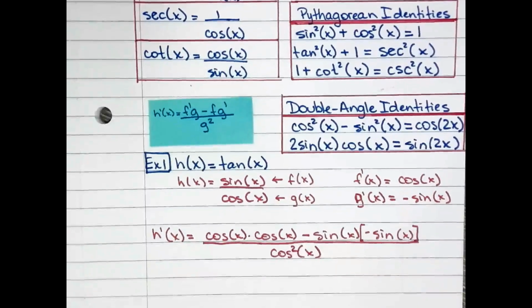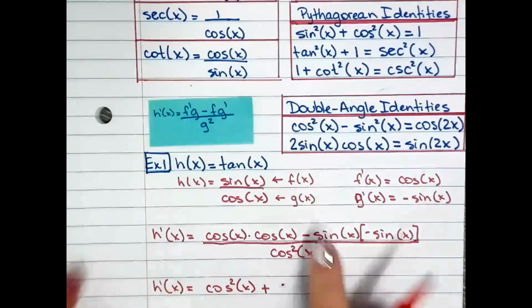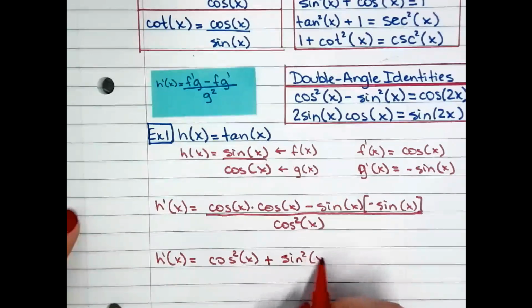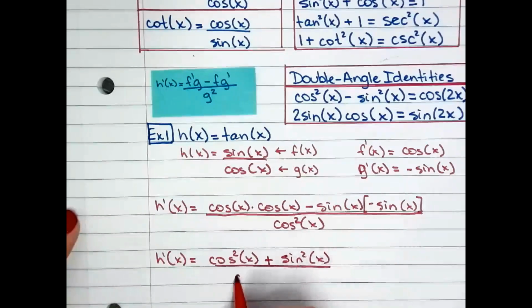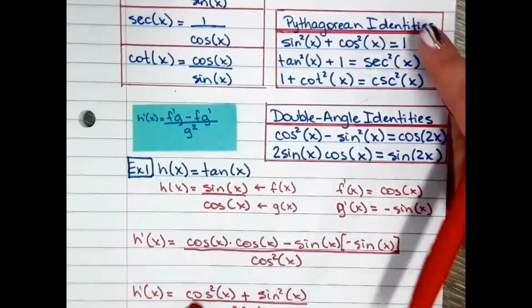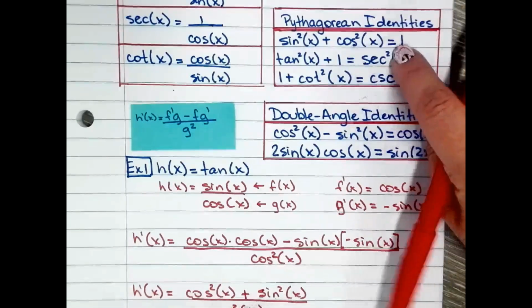Okay, so cosine times cosine is cosine squared, minus, just kidding, plus, because two negatives make a positive, sine squared of x over cosine squared of x. I know from the Pythagorean identity that sine squared plus cosine squared is 1.